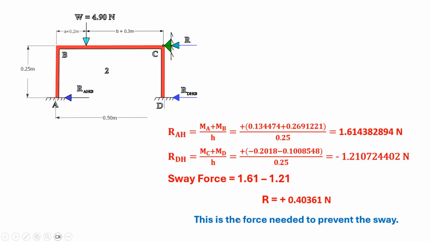Once you have the final moments, you can calculate RAH equal to MA plus MB by H, which comes to 1.614 Newton, and RDH equal to minus 1.21 Newton. And what is the sway force? The sway force, which is going to create the deformation delta S, R is equal to 0.403 Newton. This is the force needed to prevent the sway.